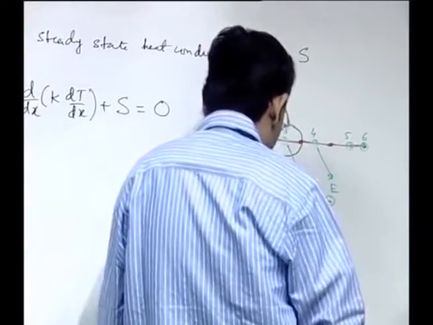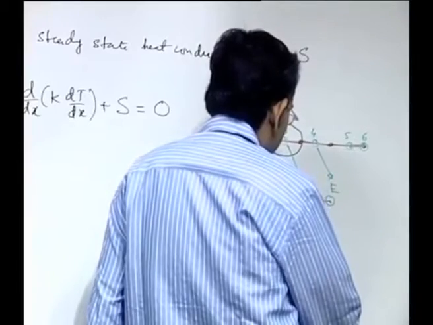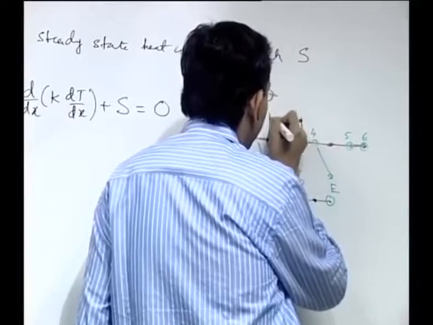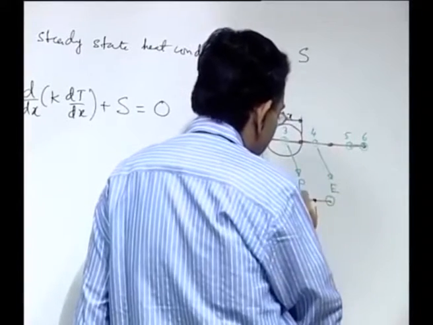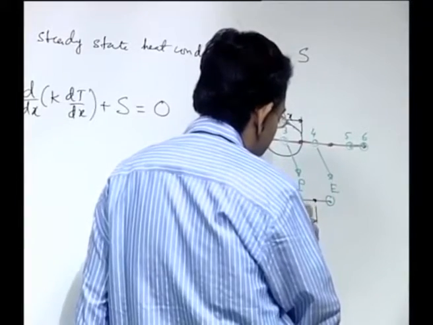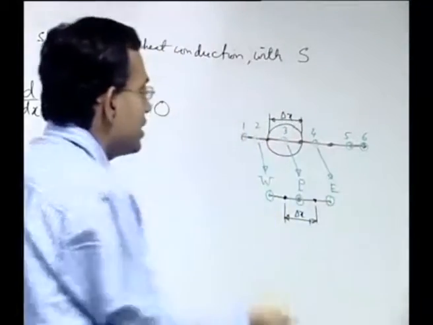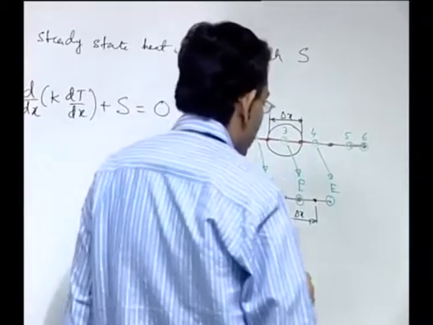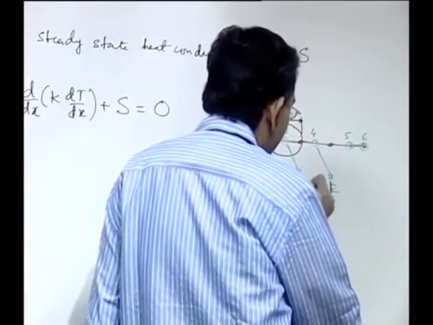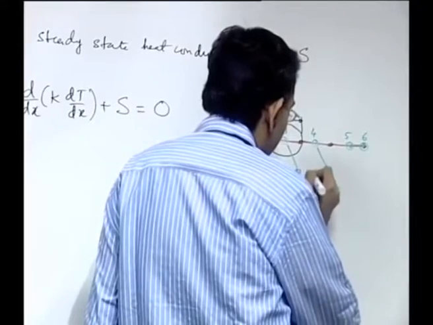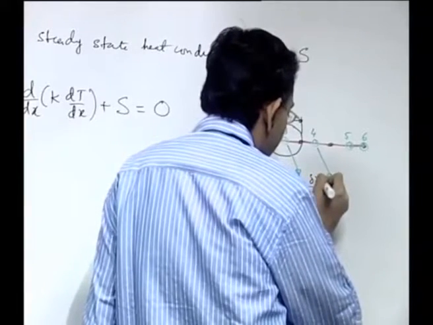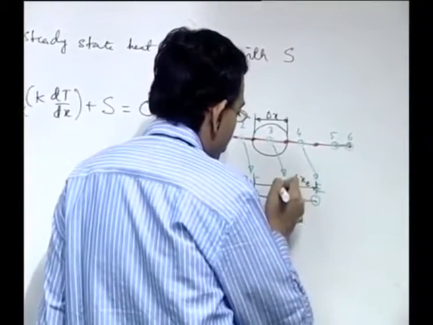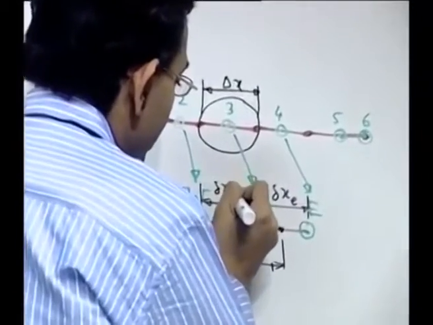Then the control volume has a particular length, this one. This length we give the name delta x. If it is a 2 dimensional case, in the y direction it will be delta y, like that. Again these are standard nomenclatures. Then the distance between P and E we call delta x small e, and the distance between P and W delta x small w.